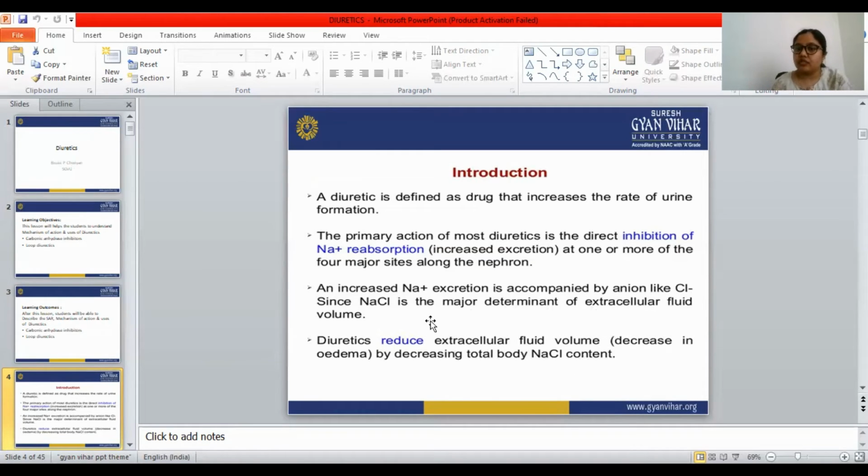When sodium excretion increases, accompanied by Cl, the NaCl content in the body is reduced with the help of the diuretics, and urine formation is increased.